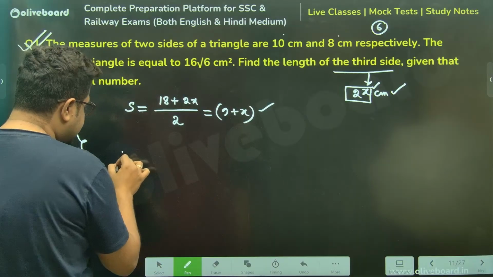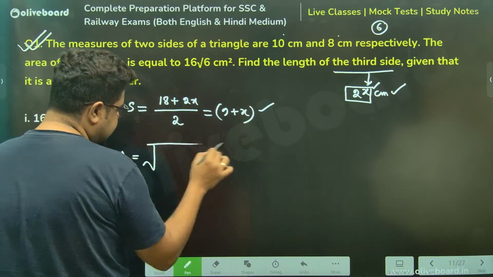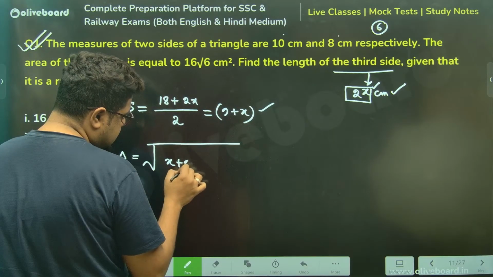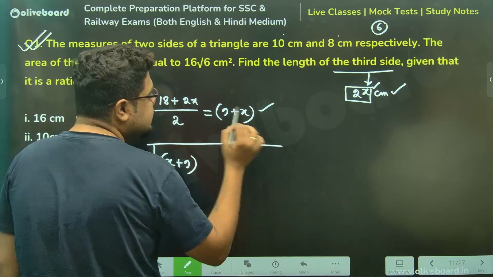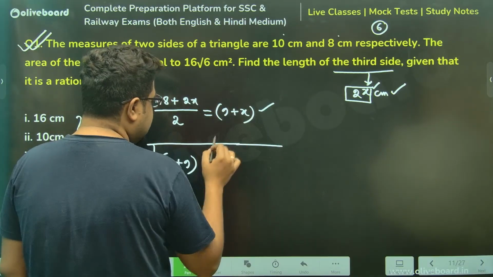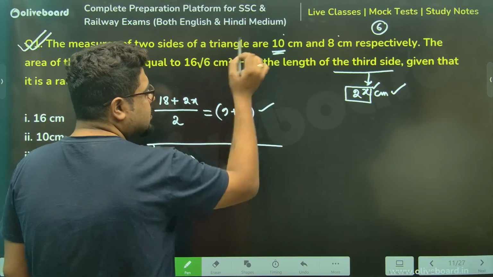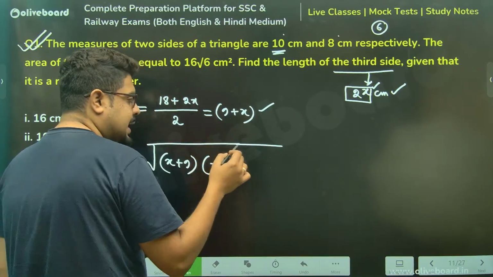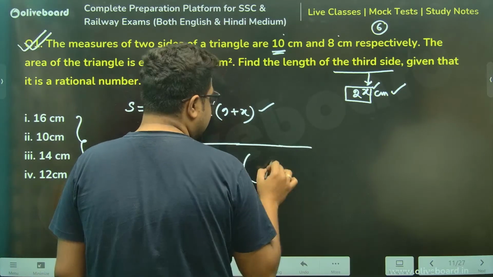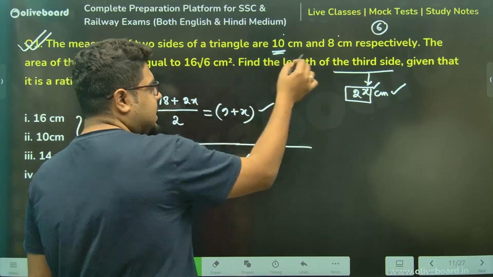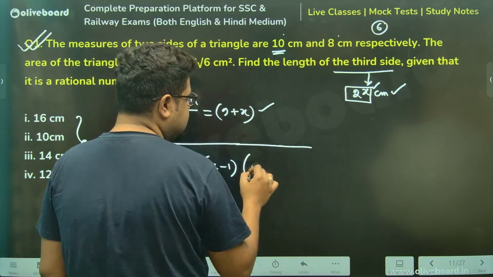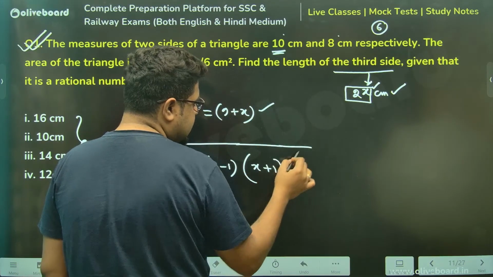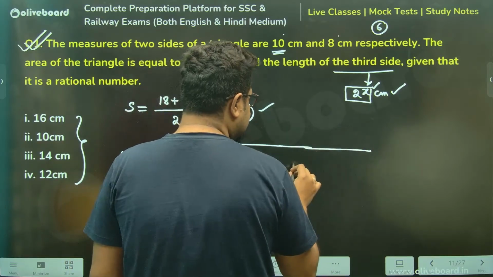So delta will be what, sir? S into s minus a. So 9 plus x minus 10, that will be x minus 1, into s minus b. S minus b is x plus 9 minus 8, so this will be x plus 1, into s minus c.